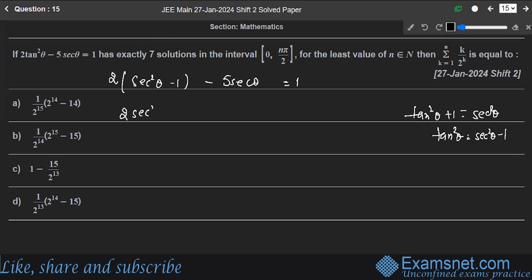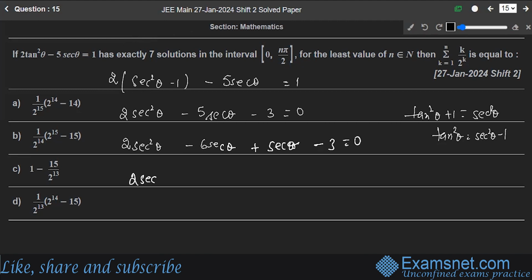Or 2 secant square theta minus 5 secant theta minus 2 minus 1, this will be minus 3, is equal to 0. Let's factorize. You will have 2 secant square theta minus 6 secant theta plus secant theta minus 3 is equal to 0. 2 secant theta, let's take that common.